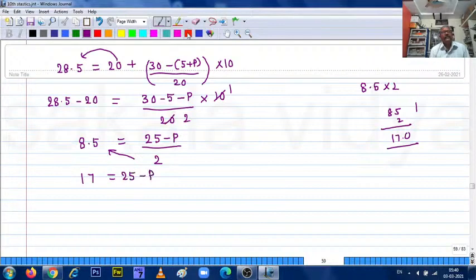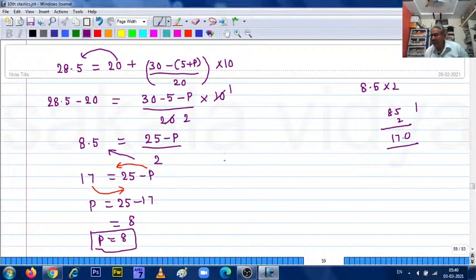So bring this minus P to this side, 17 to the other side. Then what do you get now here? P equals 25 minus 17, so that will be 8. So P equals 8. But we should find out Q also.